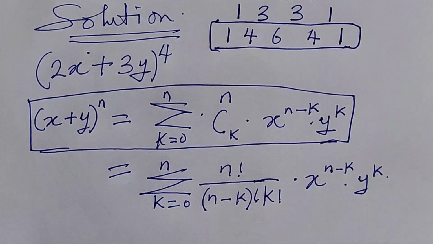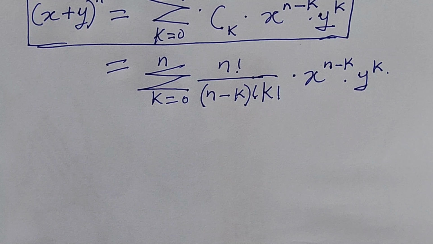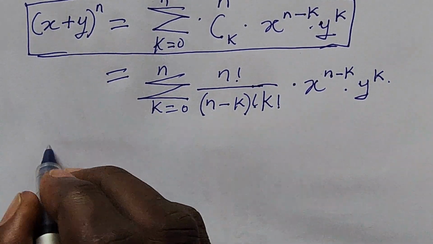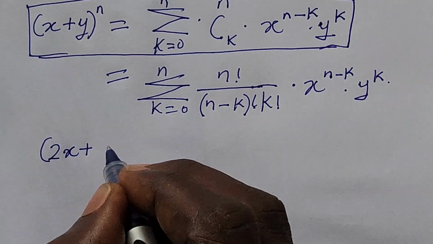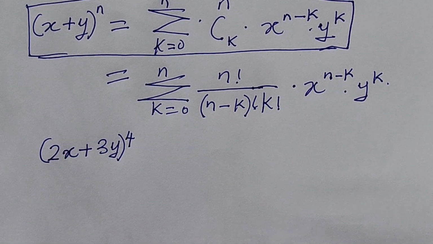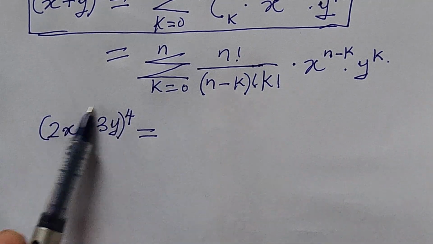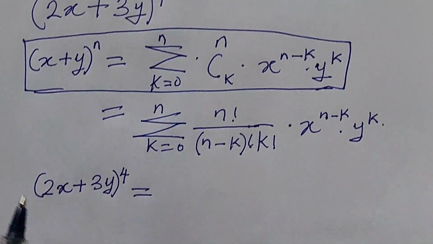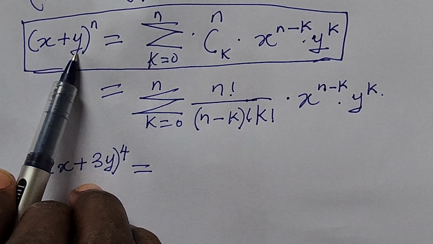All right, so let's go ahead and bring out our question here now. The question, again, we have here (2x + 3y) all to the power of 4. This will now be equal to what? Now, from our question here, we can relate it to this. So our 2x is x here, then our 3y is our y here.